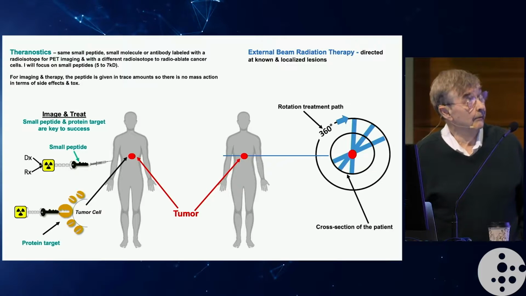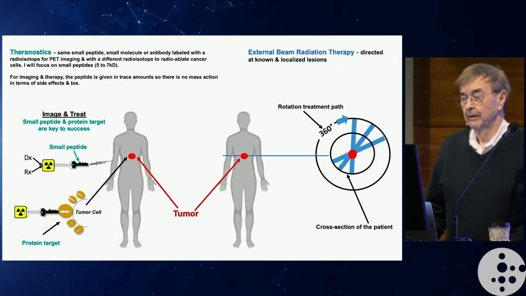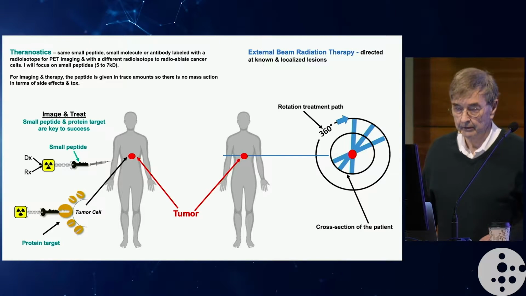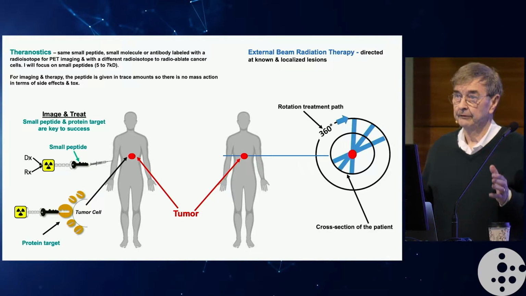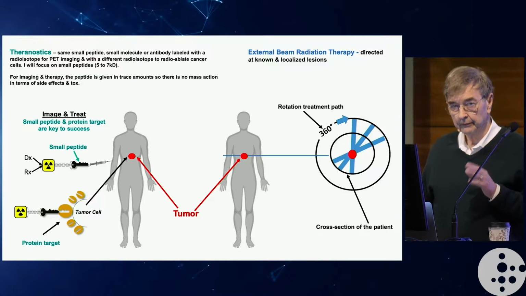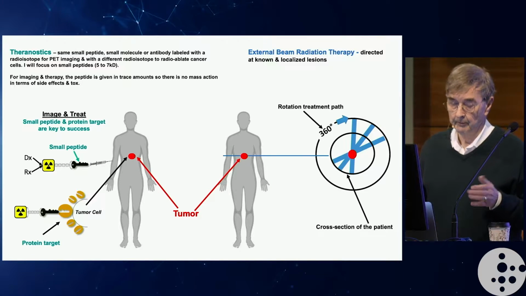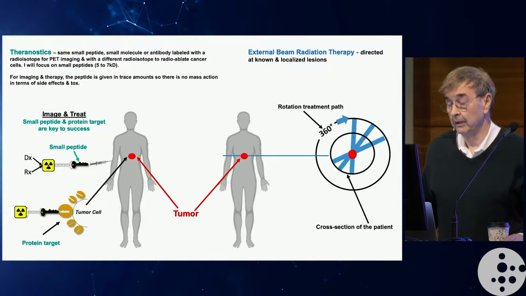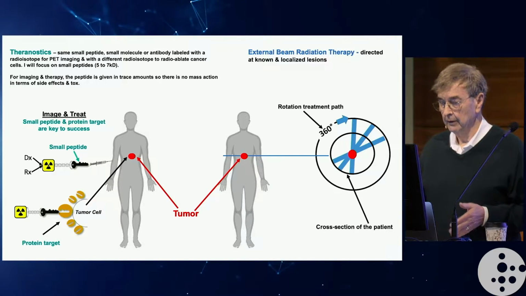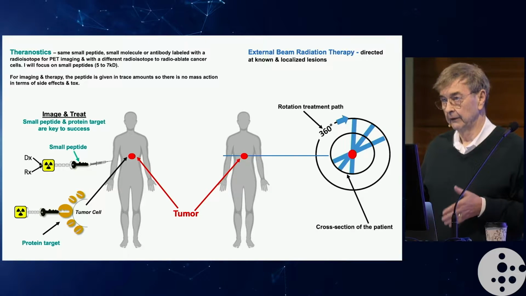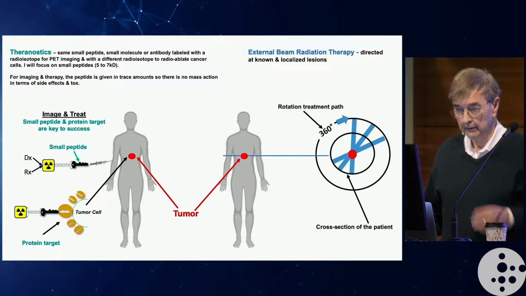So I'm going to talk about theranostics. Probably most of you are not familiar with this, relatively new. It combines diagnostics and therapeutics. It uses the same molecule, a small peptide or a small molecule or an antibody, to either image and phenotype in patients, and then with a different isotope to radioablate cells.